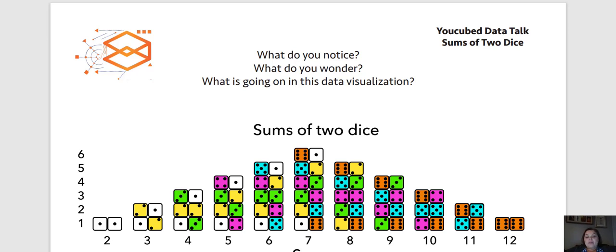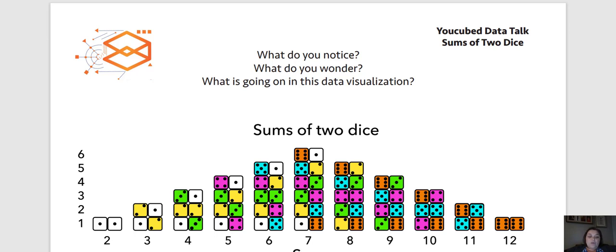A lot of people commented on how it visually showed the representation of those dice sums, the different makeups of those dice sums, and they mentioned the color coding of the different numbered sides of the die.